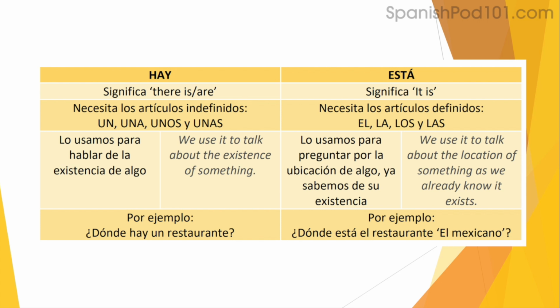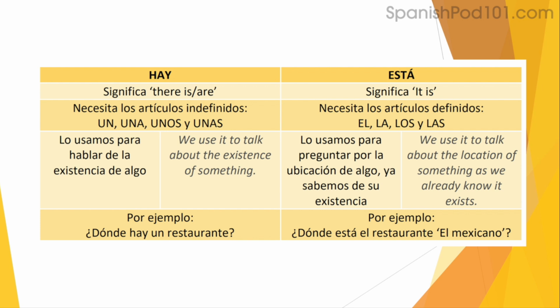And this is why I will be using the indefinite articles, okay, the undefined articles, because you are unsure, okay? So you're not saying where is the restaurant, you're saying where is a restaurant. So a is an article that is not defining, okay? It's indefinite, okay?